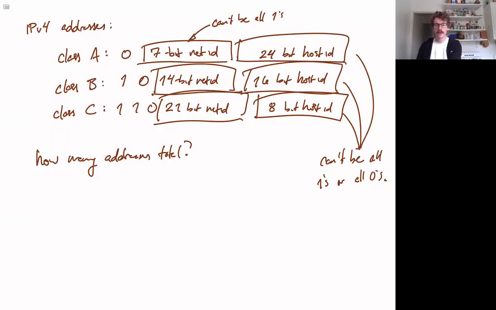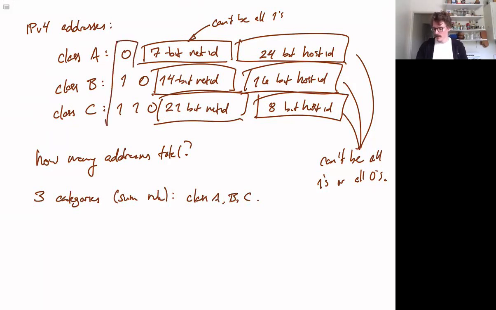Well, like I said, we're going to need to use the sum rule and the product rule to solve this. So there are 3 categories, which is what we think about in the sum rule. And these are the classes, class A, B, C. So each IP address is in one of these classes exactly. It is in one and not more. For example, you can see this because the beginning bits distinguish them.